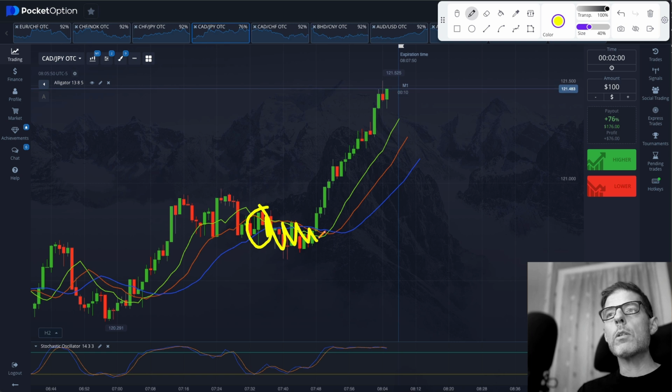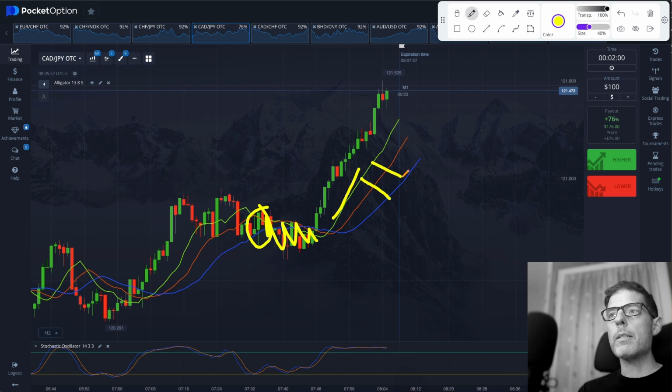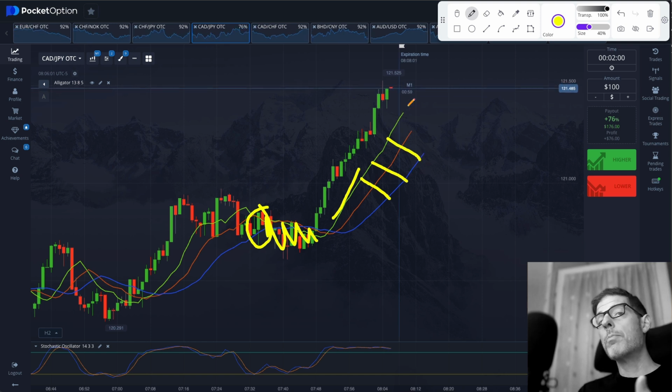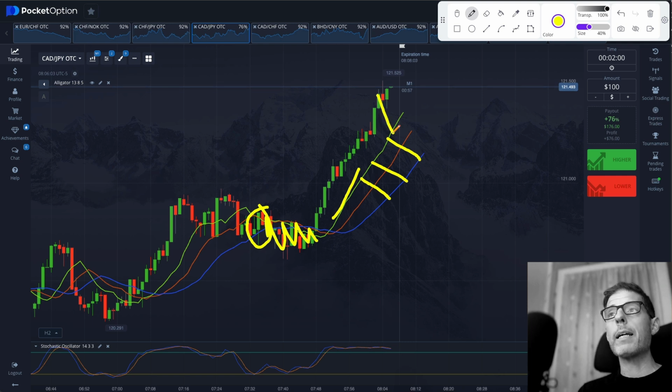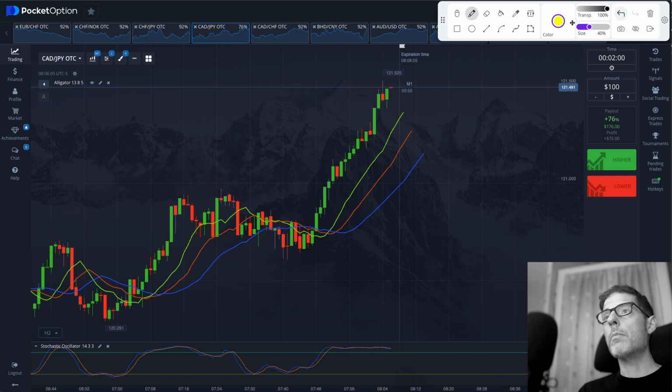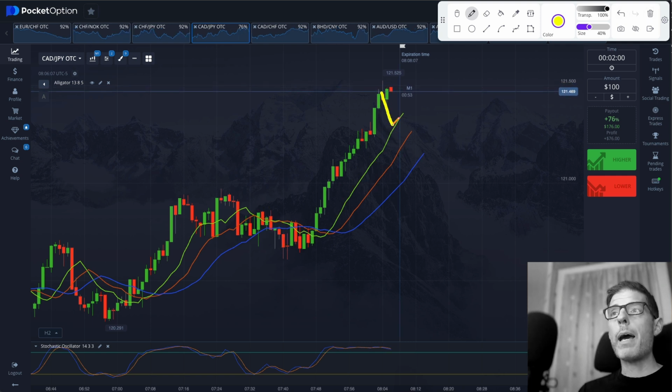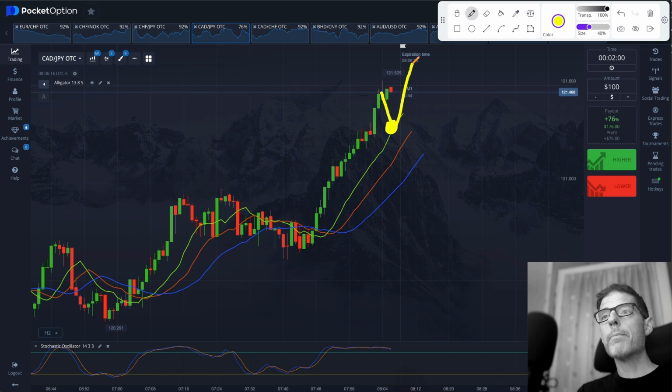So I would wait until those lines are nice and spread, just like this. There's a pretty good amount of distance between those lines. Then at that point, I would probably wait for a pullback in the market. Go ahead and remove that. I would wait for a pullback and then maybe take my position here, in this case like a buy, and then ride the trend the rest of the way up.